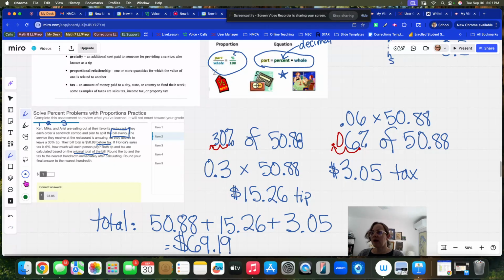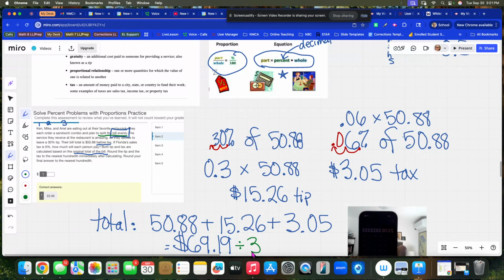Because they are sharing this, they are going to split the bill evenly. I'm going to divide by 3 and hope I get 23.06. So let's see here. Divide by 3. Yeah, I did.